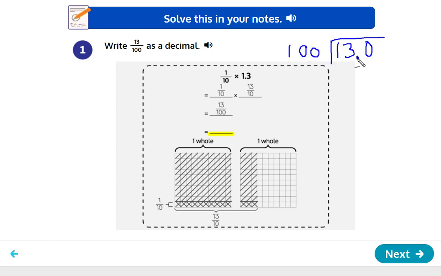So 13 divided by 100. And watch what happens to that decimal. For every 0, you move the decimal point 1 space to the left. So there are 2 zeros, we move the decimal point 2 spaces to the left. So our new answer is going to be 0.13. You don't have to have that last 0.